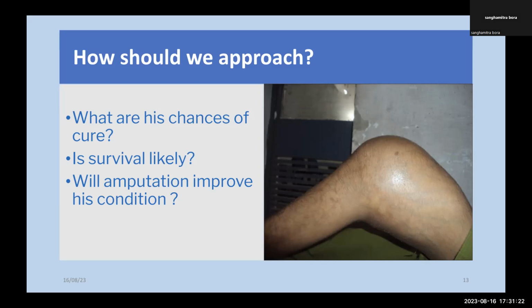Okay. So, secondly, what is the survival of this patient likely after the amputation? Okay. Similarly, will the amputation improve his condition, or is it going to make him more crippled?